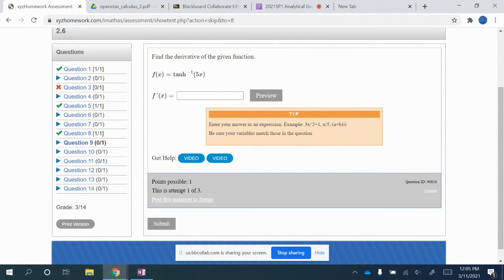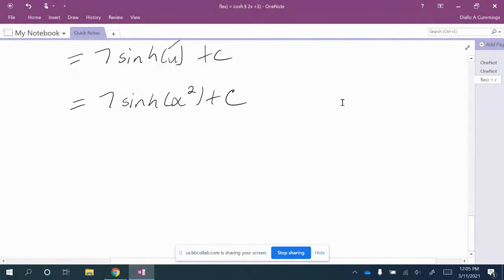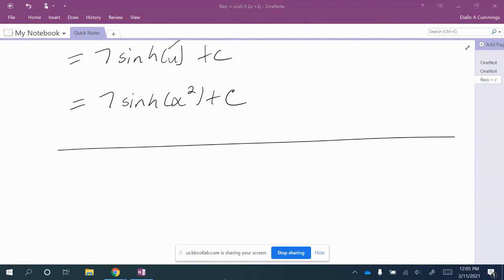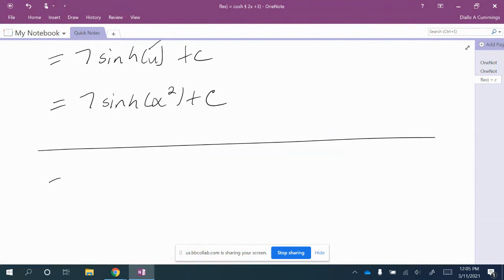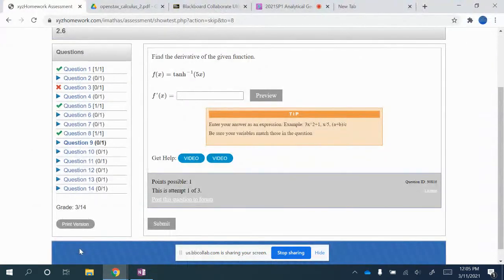I just want to make sure I'm writing the problem down. So we have f of x, and again, this is problem number 9.